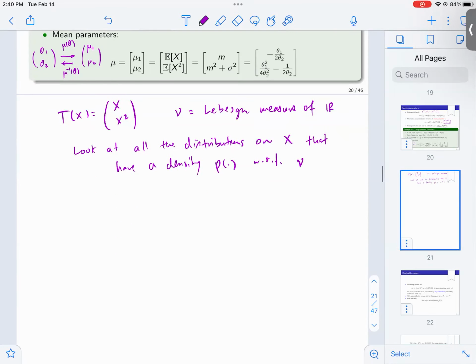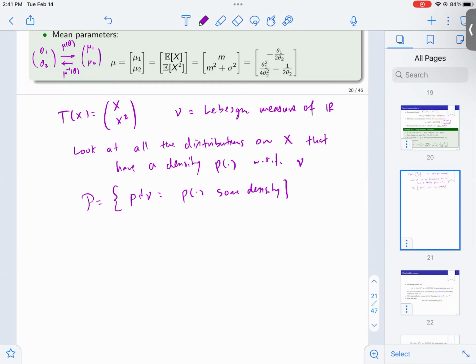Okay, so let's call this P, the set of all things that I can write as P d mu, where P is some density. So for example, a Gaussian distribution has a density with respect to the Lebesgue measure, so that is valid, a uniform distribution works, and so on.